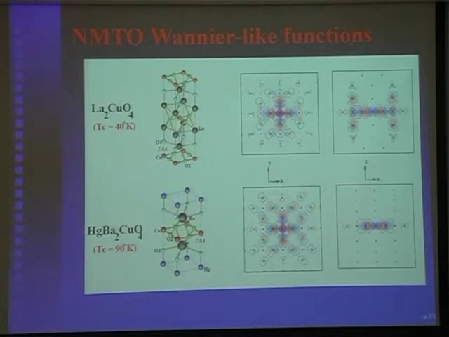This one has a lot of character sticking out of the copper oxide plane, and this one is more or less closely confined to the copper oxide plane. So although you have this one band, and if you look at the band structure of these two compounds, if you are not an educated person, it will look very similar. But when you really cook up these Wannier functions corresponding to this band, they actually look very different.